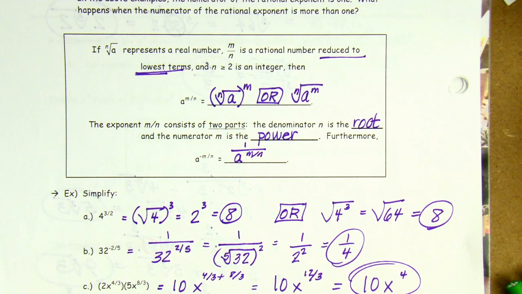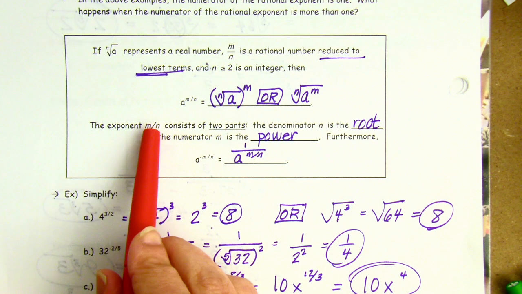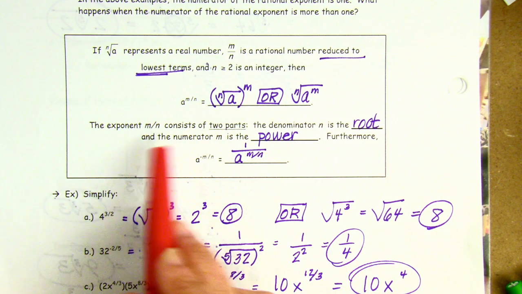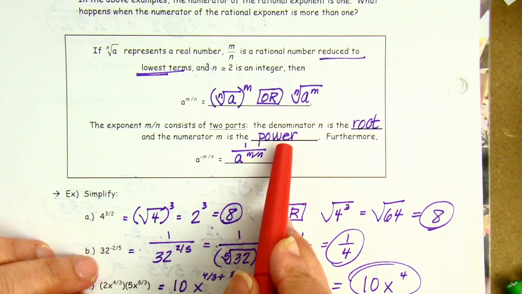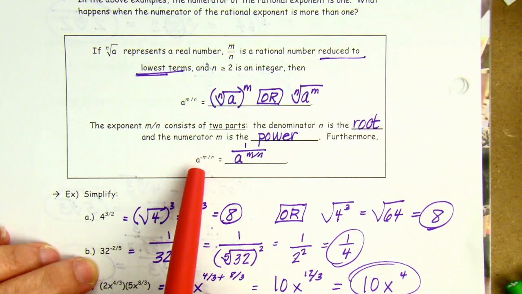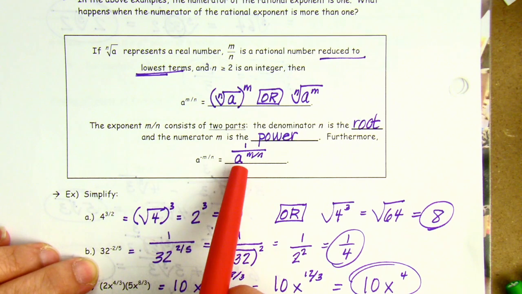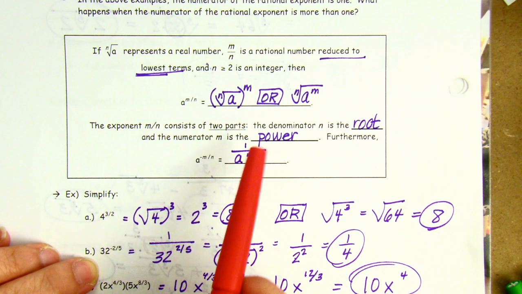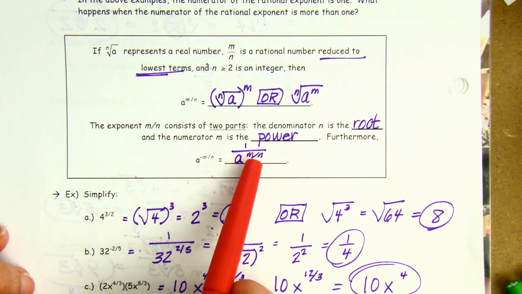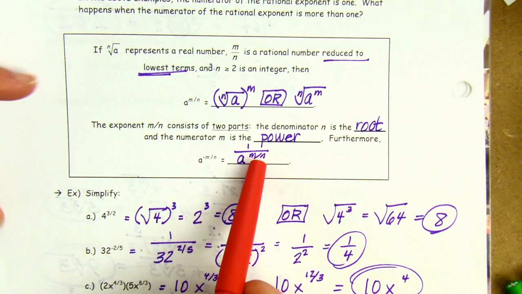Sometimes it's preferred to use one versus the other. The exponent m over n consists of 2 parts. The denominator, n, is the root, and the numerator, m, is the power, which was previously discussed. Furthermore, if you have a negative exponent, take the reciprocal or stick that negative exponent in the denominator to make the exponent positive instead of negative.